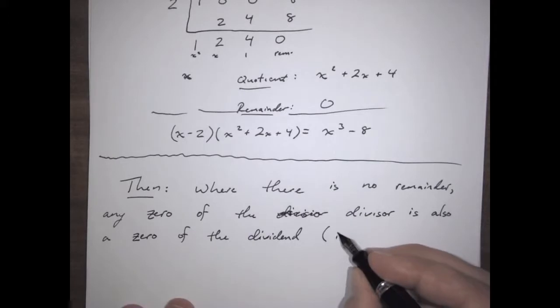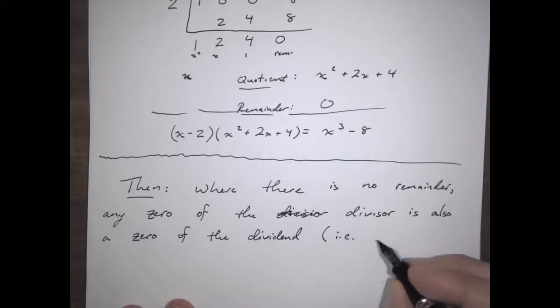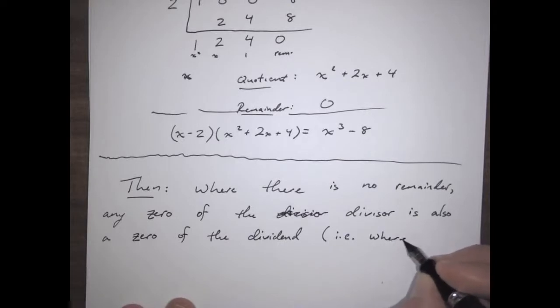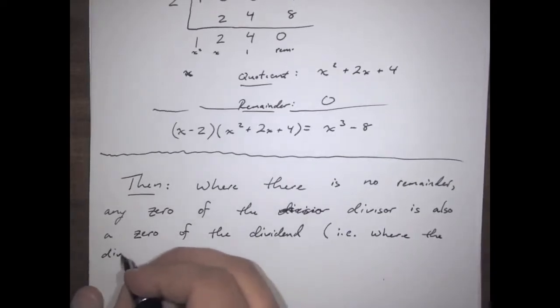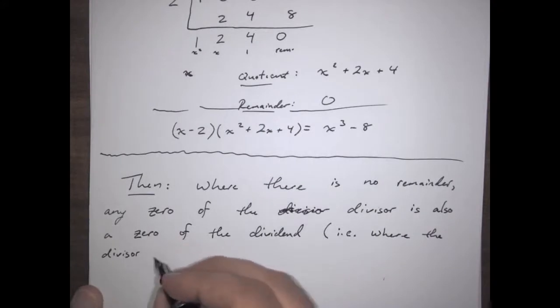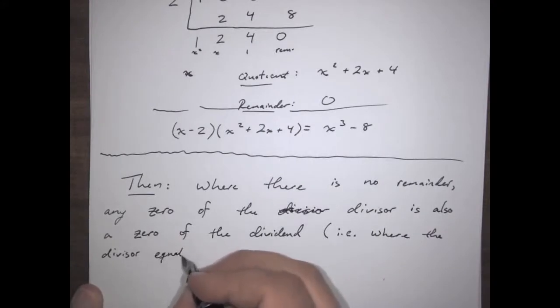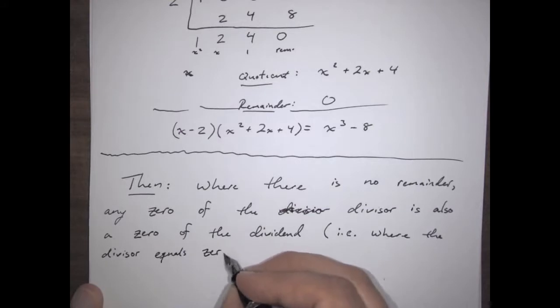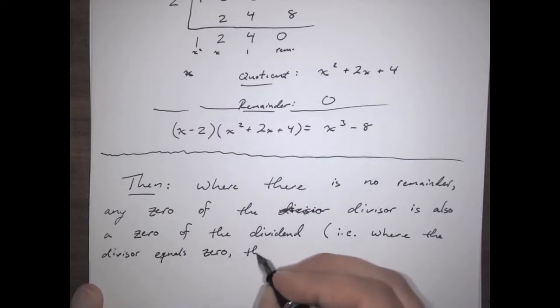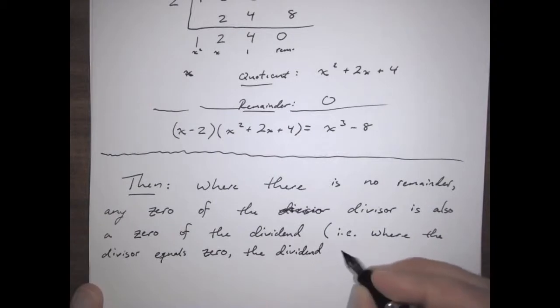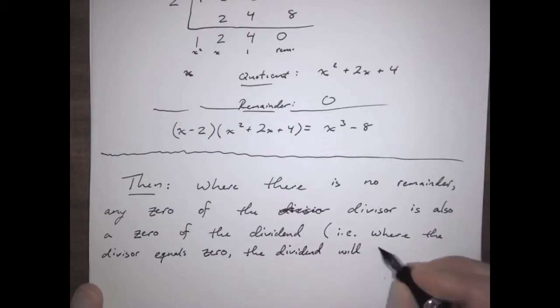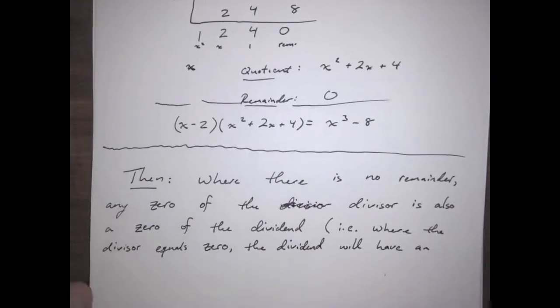So, i.e., where the divisor equals 0, the dividend will have an x-intercept.